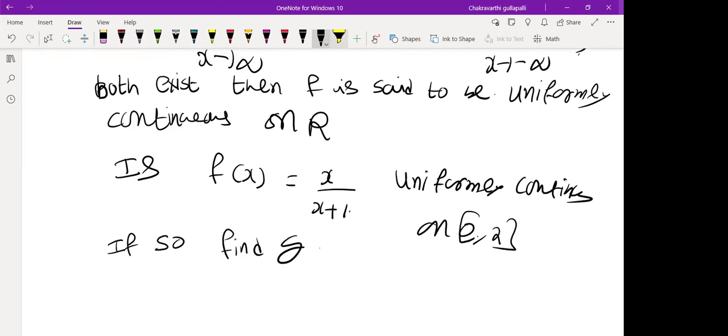We want to find out what is the value of delta for which this is going to be satisfied. We want to know, is it continuous or not? If so, what is the value of delta? So how do we find delta? What is the condition? f(x1) minus f(x2) should be less than epsilon whenever x1 minus x2 is less than delta.